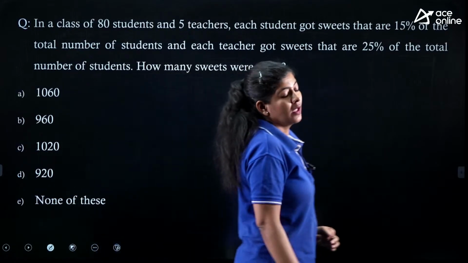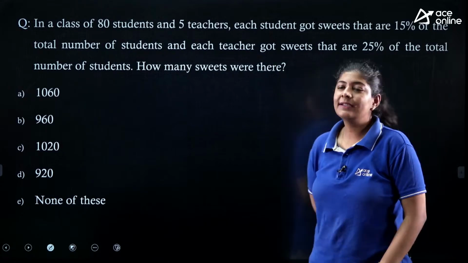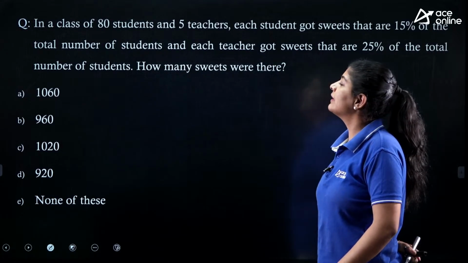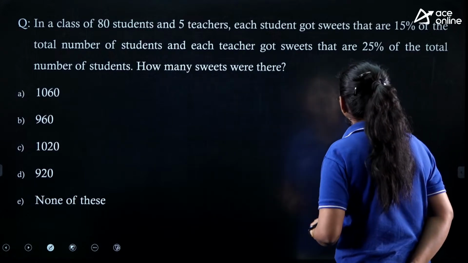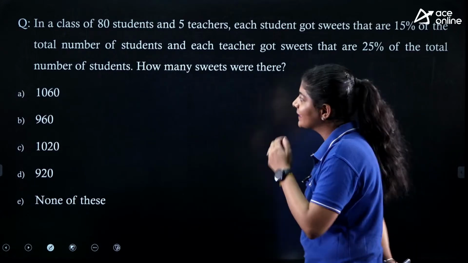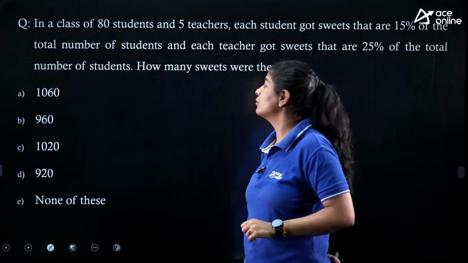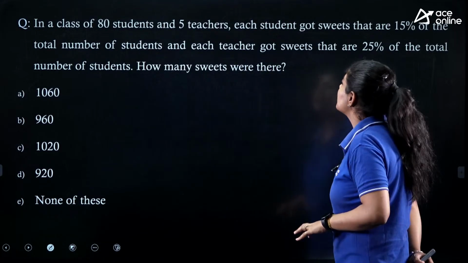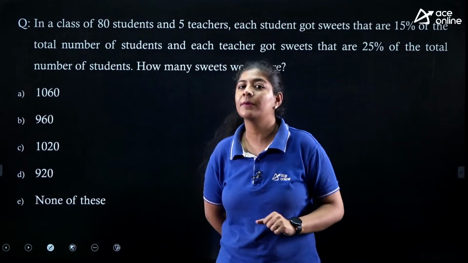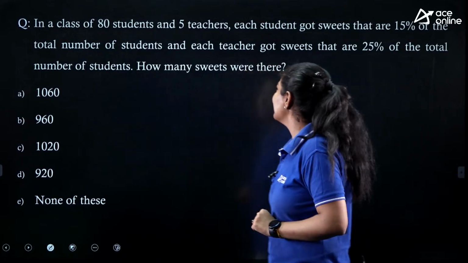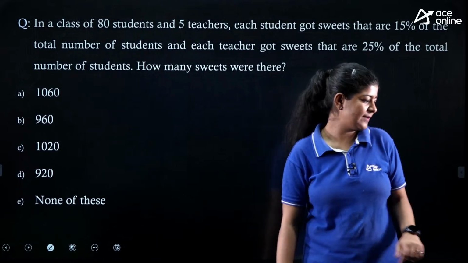Next. The next question says that in a class of 80 students and 5 teachers, each student got sweets that are 15% of the total number of students, and each teacher got sweets that are 25% of the total number of students. How many sweets were there? Again, it's an easy one.